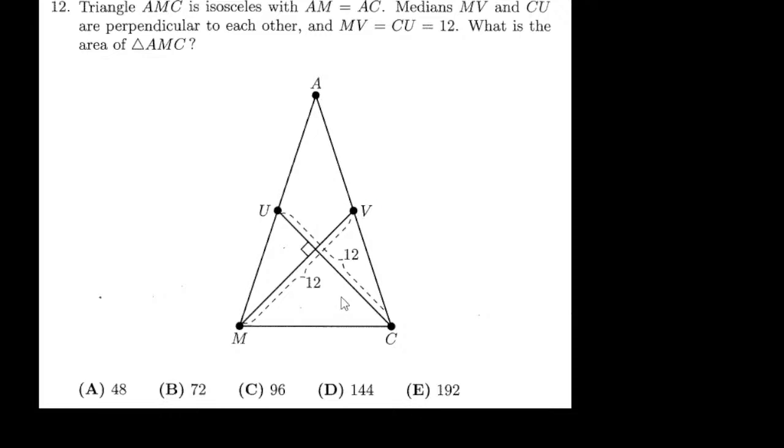Okay, so one concept is that a median divides the whole area into two equal areas. So if I take the triangle AMV, the area of triangle AMV, the length of the median is given as 12.